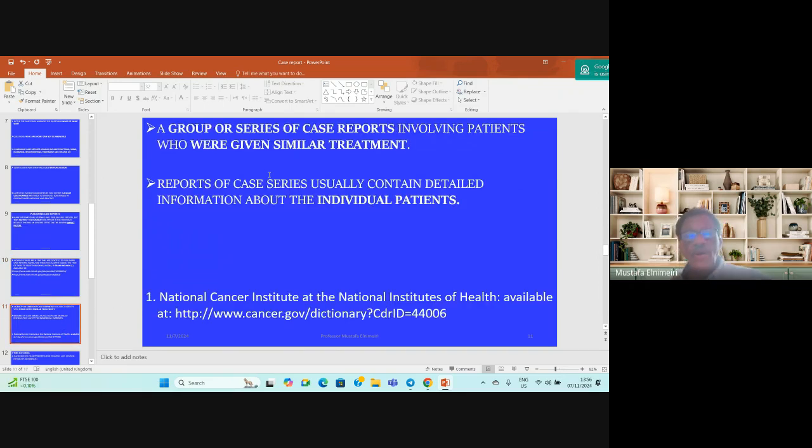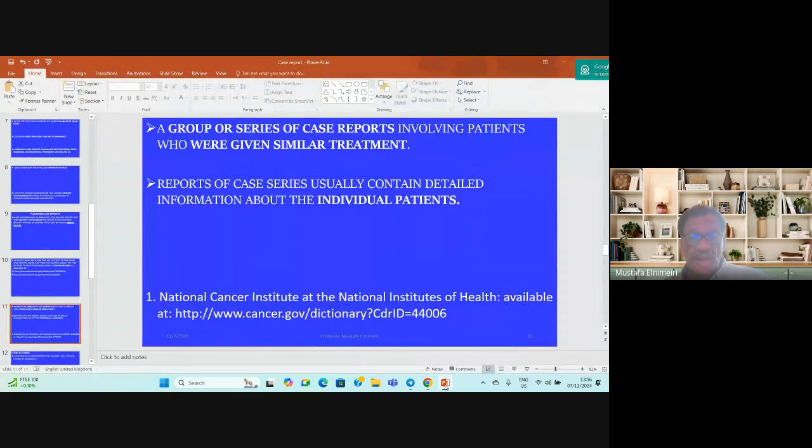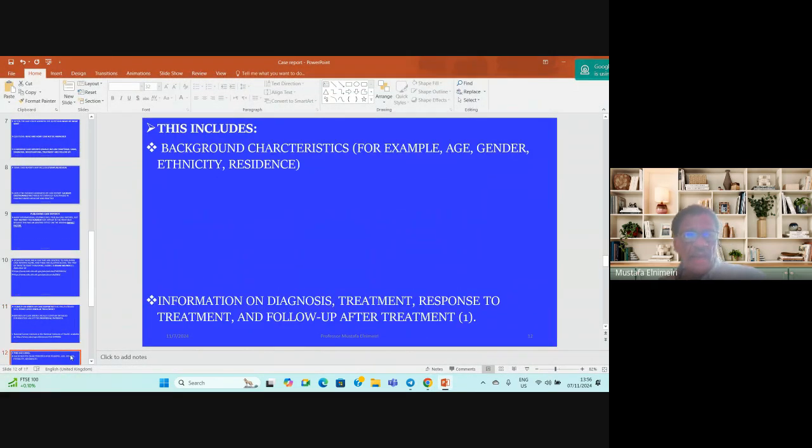Now we talk about case series, which is a group or series of case reports involving patients who were given similar treatment, for example. Reports of case series usually have detailed background information about the different individual cases, about what has happened to those.